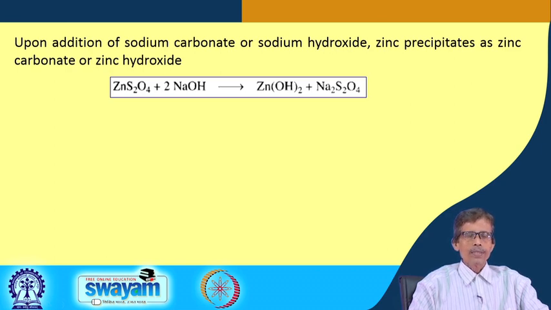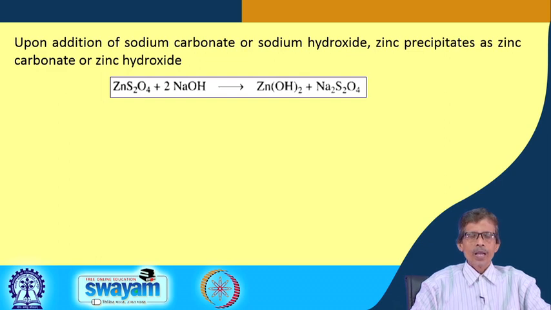So, you have the zinc dithionite reacting with sodium hydroxide, giving you zinc hydroxide and sodium dithionite, which has higher solubility compared to zinc dithionite.